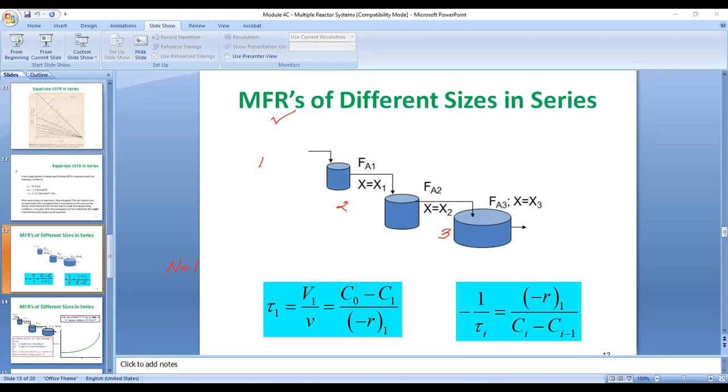Notice that this time your numerator is not written as CaO XA1, the conversion in the first tank, but it's now expressed in terms of concentrations, and that is CaO, the initial concentration, minus the final concentration, because these two are just the same as CaO XA1.